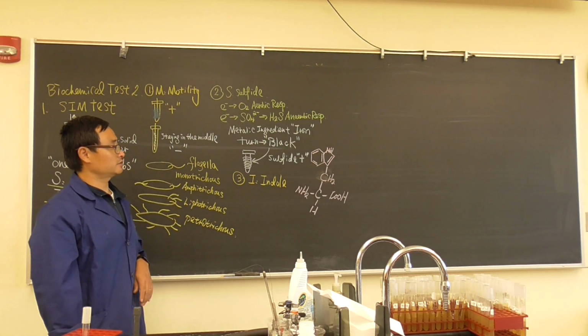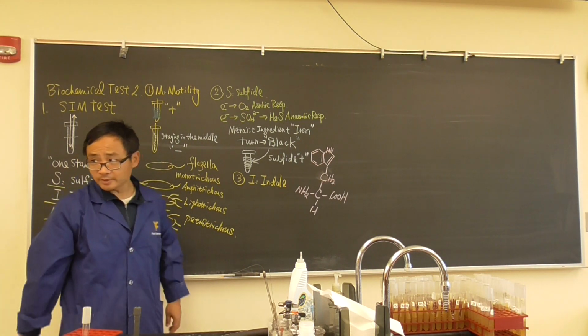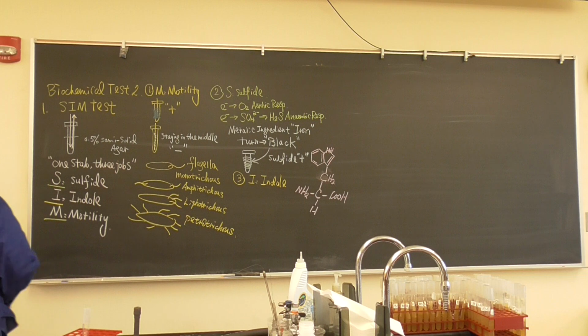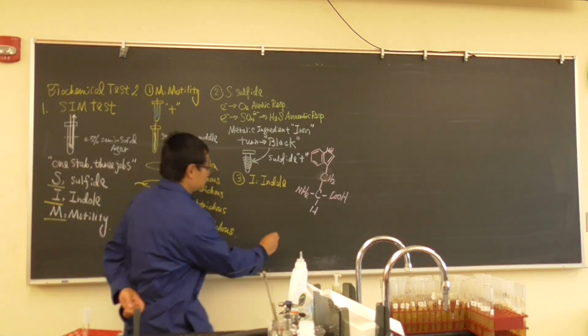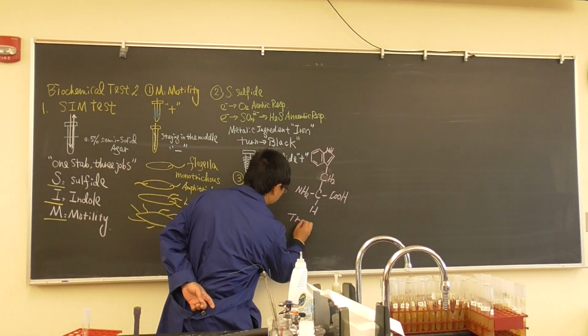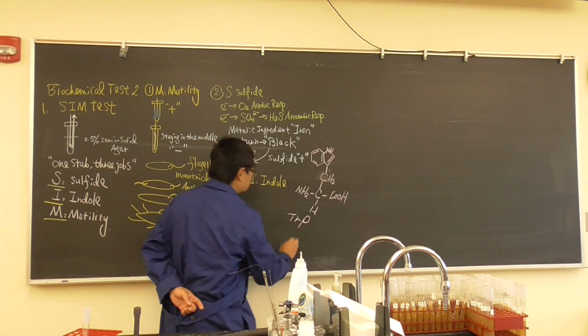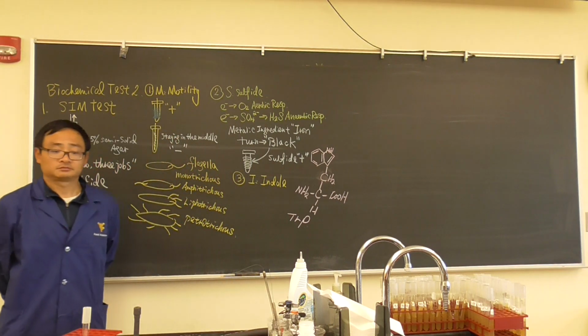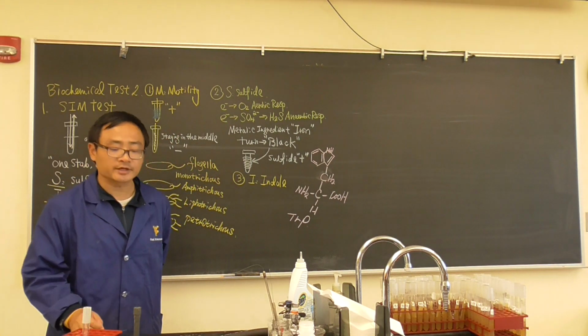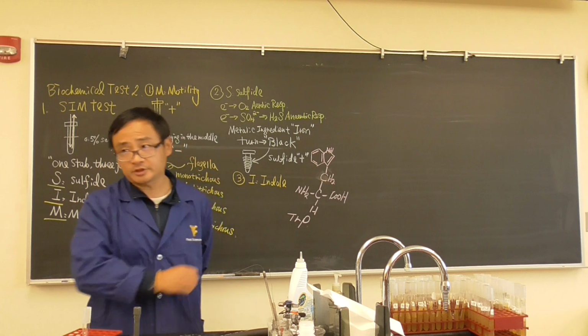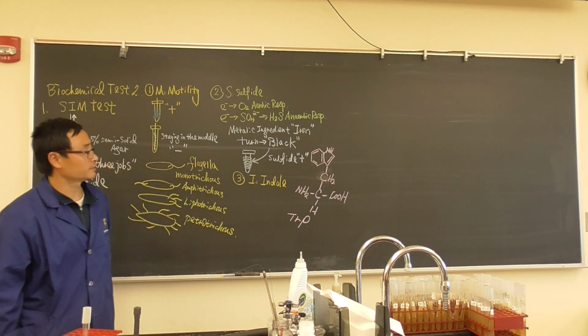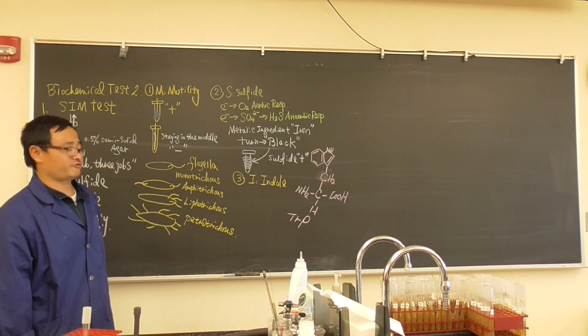What is this amino acid? Can somebody tell me? Tryptophan, very good. I believe he's a very good student. Tryptophan. Okay, we'll talk about it in the lecture, and that will be extra points. So this is tryptophan.